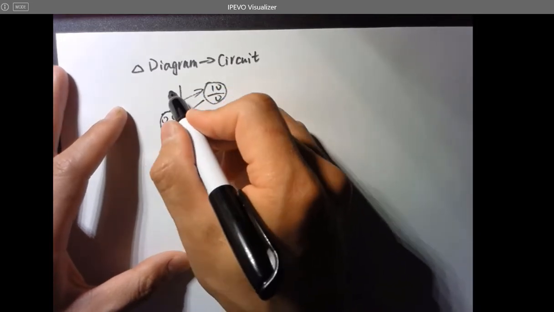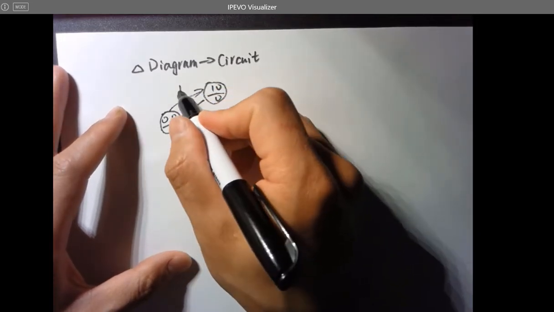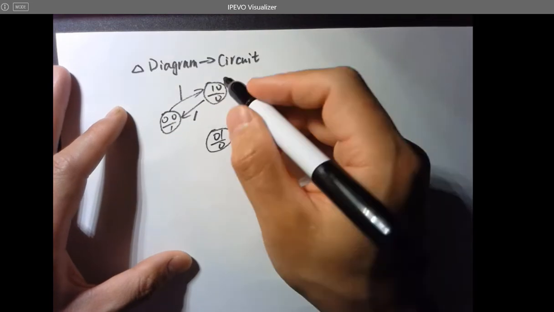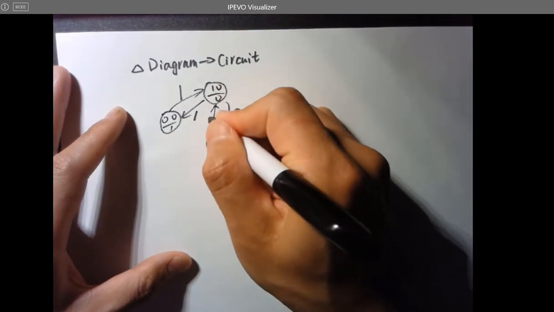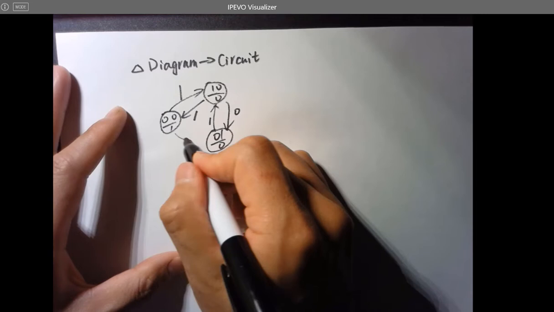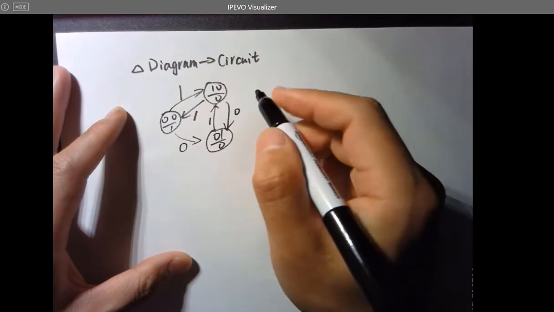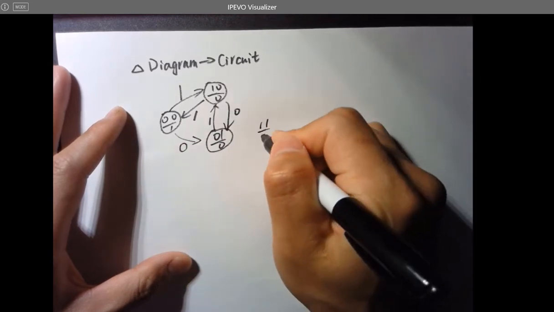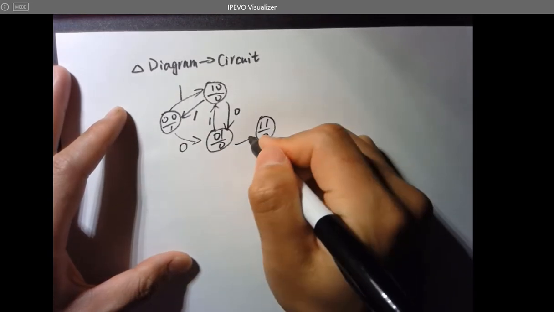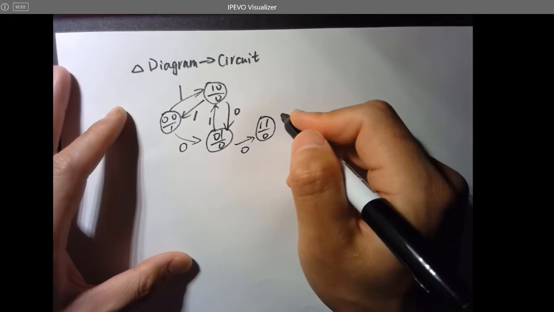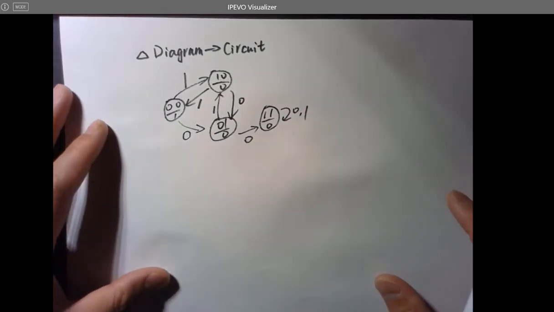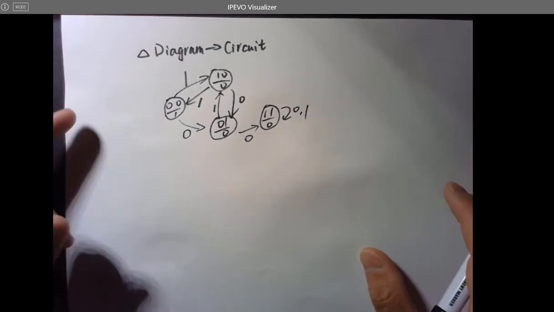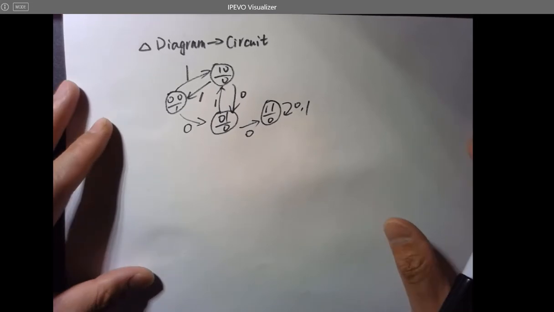I didn't write the x equals over here, but you should know that these are the inputs to trigger the transition. All right, so that's a state diagram. That's a Moore state machine. And let's start converting this to the digital circuit, to the sequential circuit.